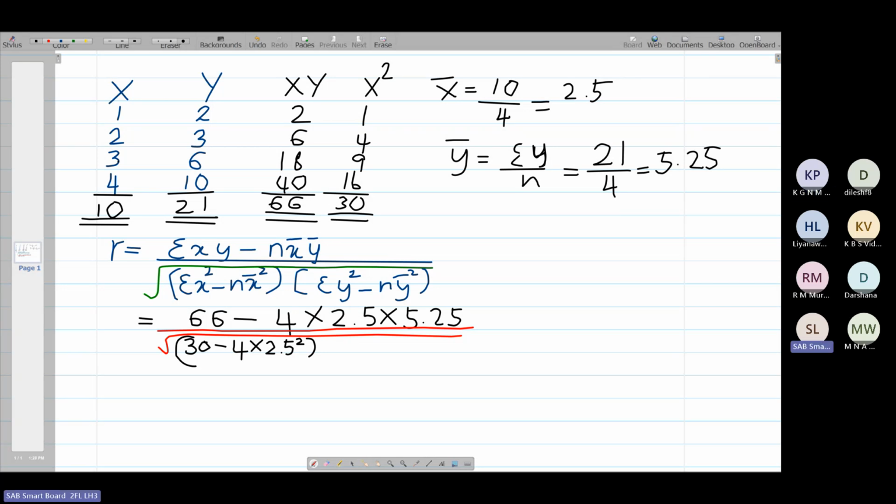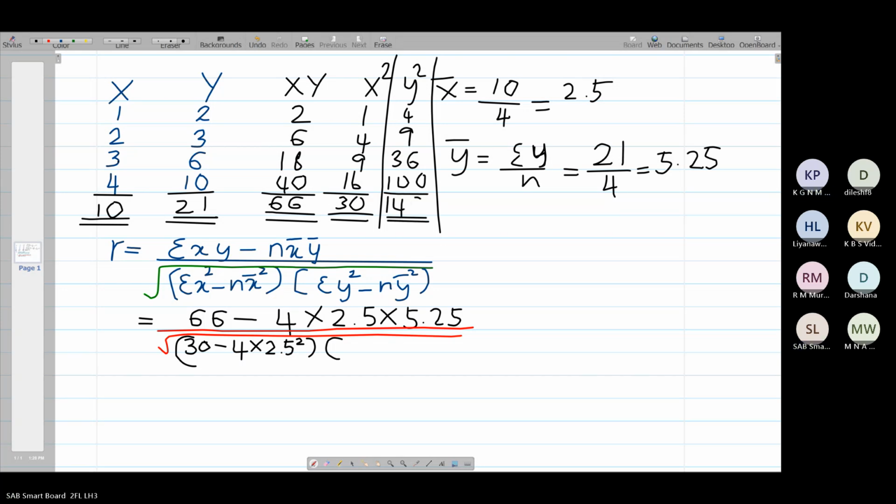Then take the next one, sigma y squared. We take the y squared column: 4, 9, 36, 100. The total is 149.